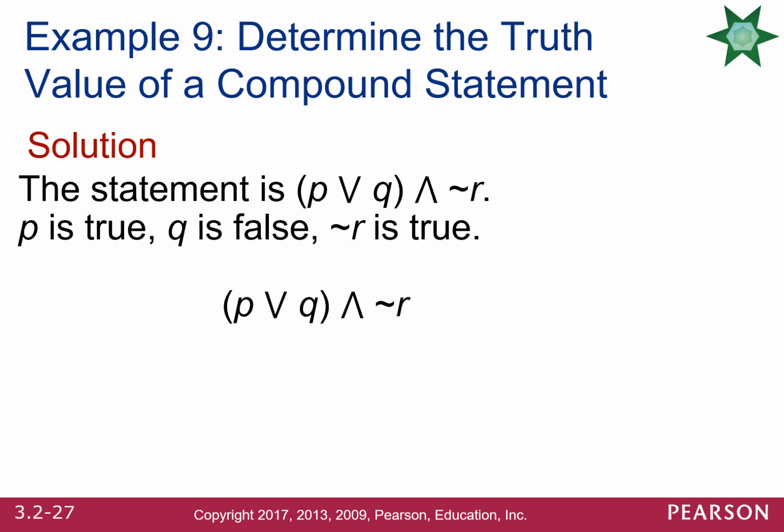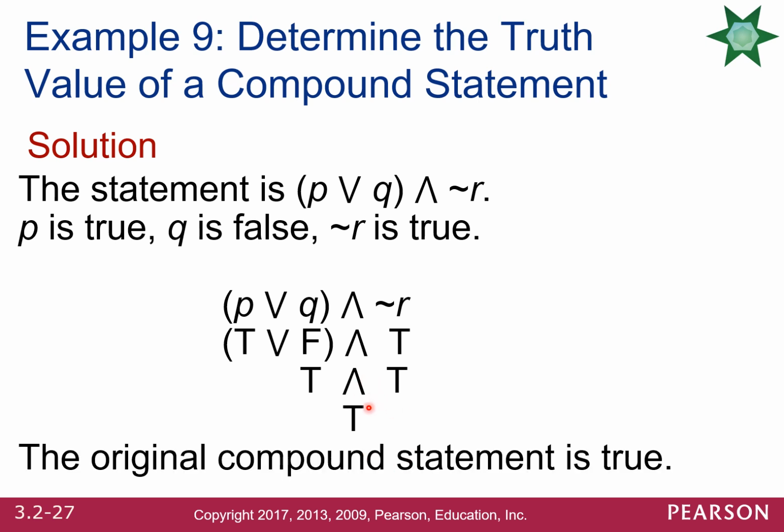And given that, P or Q and not R gives us T or F and T. So T or F gives us a true, and then not R gives us a true as well. And because of the and conjunction, the final resolution is a T. So for this compound statement, the truth value was true.